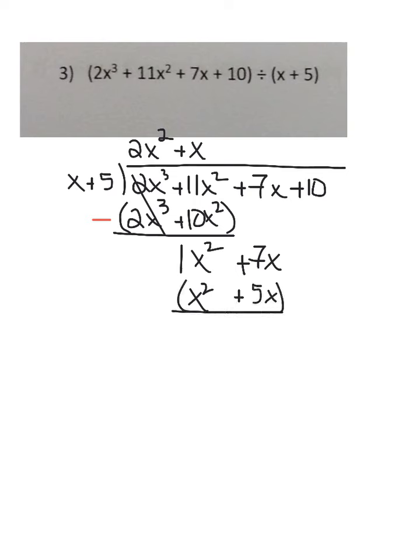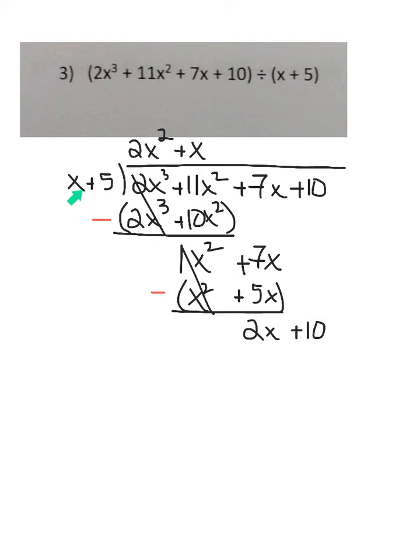Okay? And then we are going to subtract. So x squared minus x squared. Again, we always want those to cancel out, which they do. And then I'm going to do 7 minus 5. And 7 minus 5 is 2, and bring down that x. And then we're going to bring down the positive 10. And we're going to do this again.